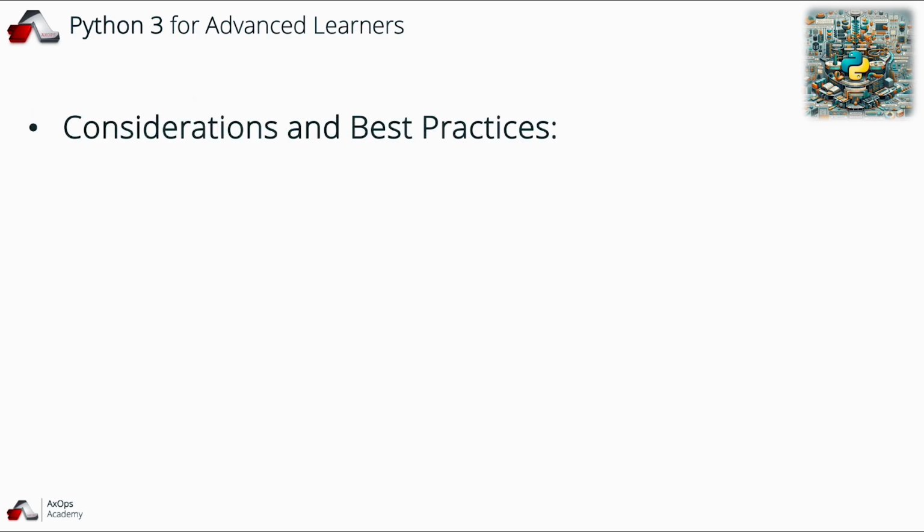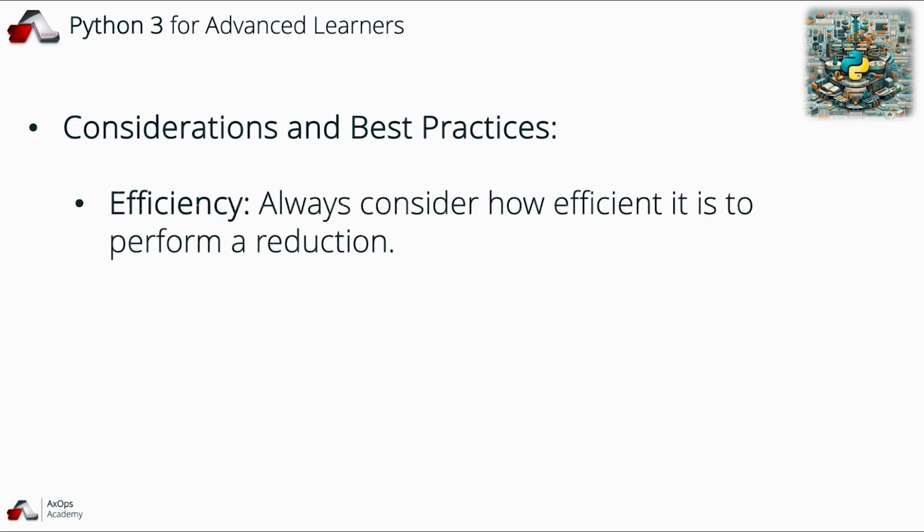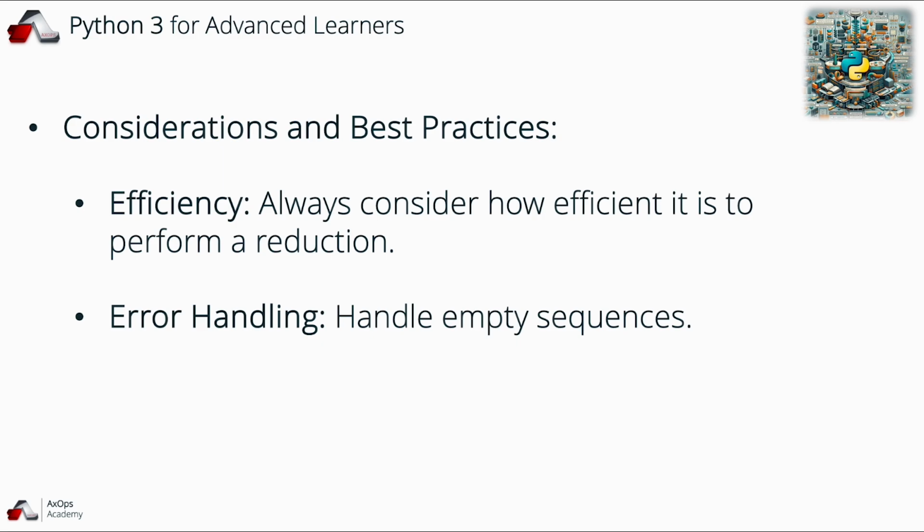There are certain considerations and best practices that need to be kept at the forefront when using reduction in general. Firstly, efficiency. It's essential to consider the efficiency of the operation used in reduction. Complex operations within a reduction can significantly impact performance. Then there's error handling. When working with functions like max or min, handling empty sequences is vital to avoid errors.